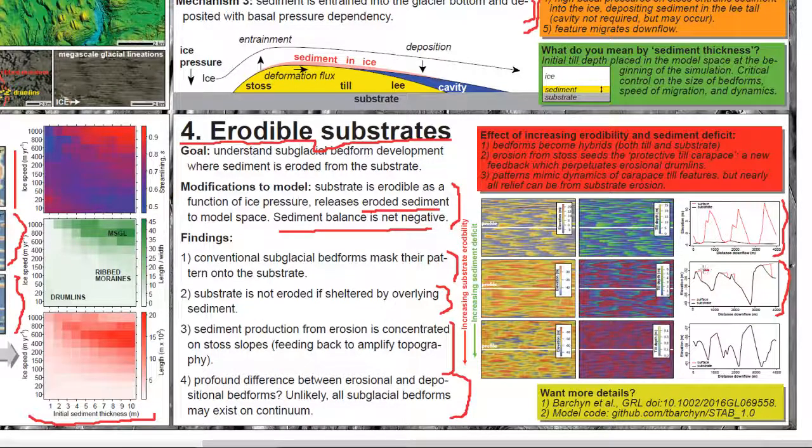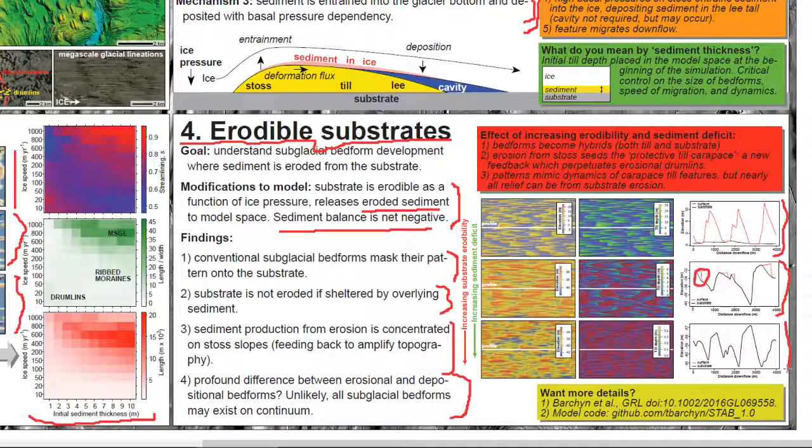You can see these little things on top. These are actually drumlins that are forming caps on top of the substrate. This is the mechanism I was talking about, this feedback mechanism. They're sheltering the surface and promoting topographic amplification.